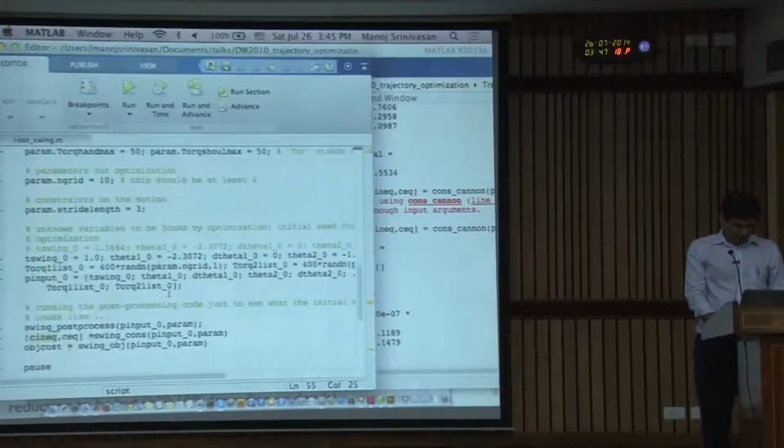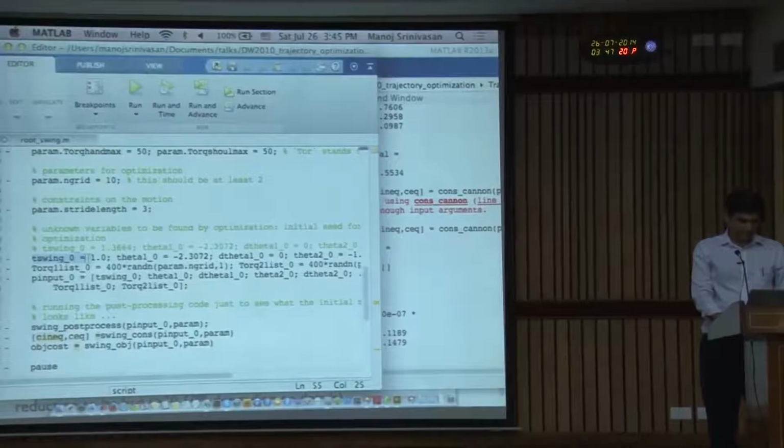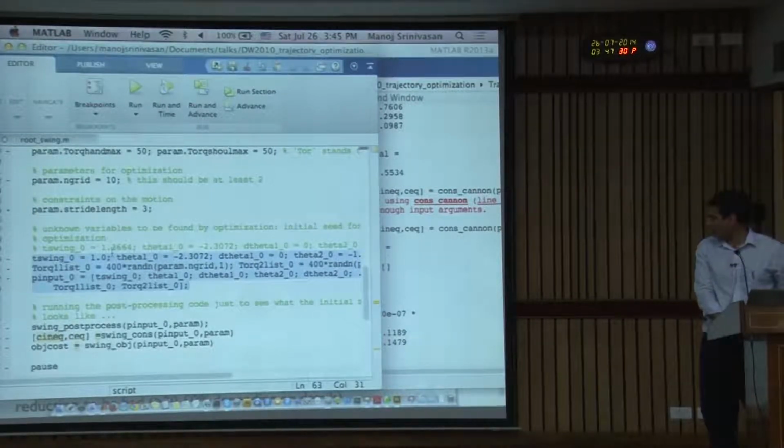I have versions where I comment that out, but yeah. And here is where we define some initial guess for all the unknowns. So for T swing, theta 1 naught, theta 2 dot, and so on.